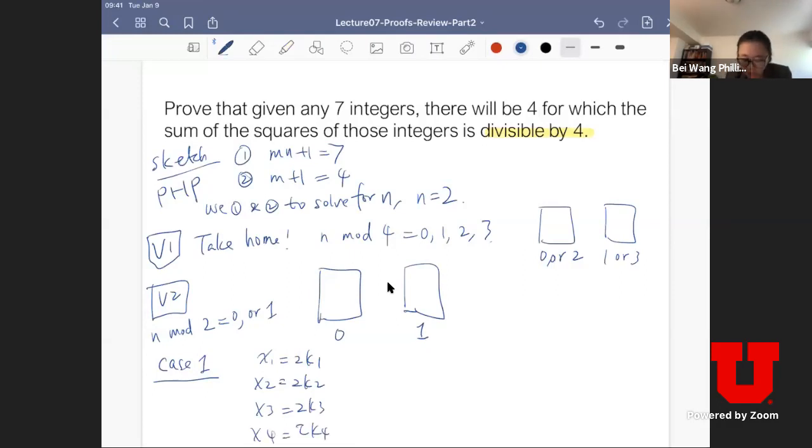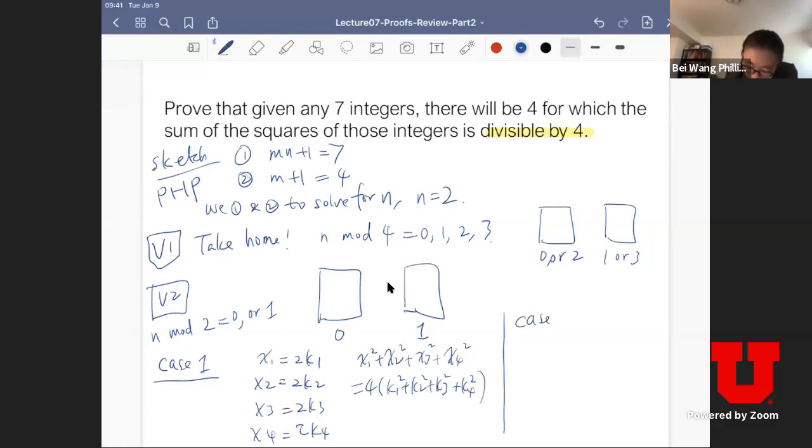In this case, x1 squared plus x2 squared plus x3 squared plus x4 squared, through some multiplication, is equal to 4 times (k1 squared plus k2 squared plus k3 squared plus k4 squared). And you can show, again by closure property, that this sum is divisible by 4.